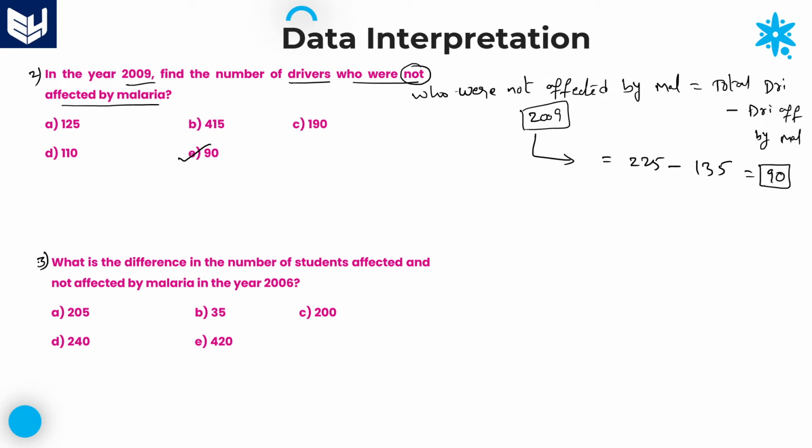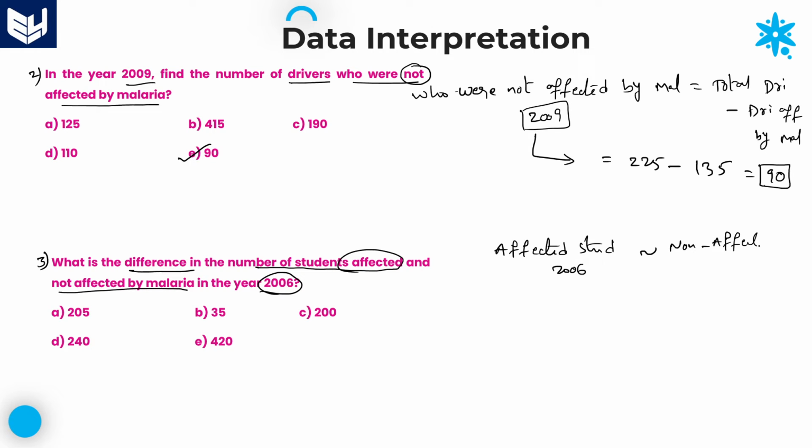Let us look at the third question. What is the difference in? Here we need to calculate the difference between the number of students affected and non-affected by malaria in the year 2009. First, we need to calculate the difference between malaria affected students in the year 2006 and non-affected students in the year 2006.